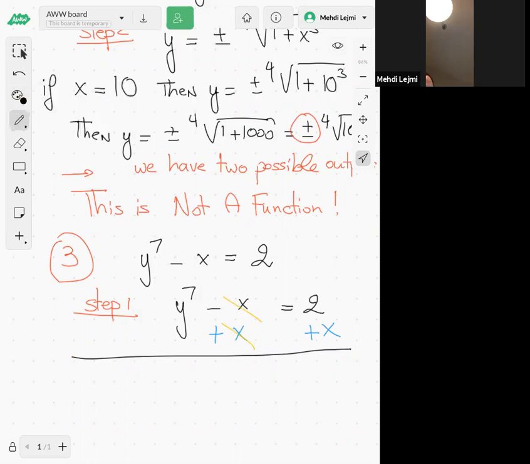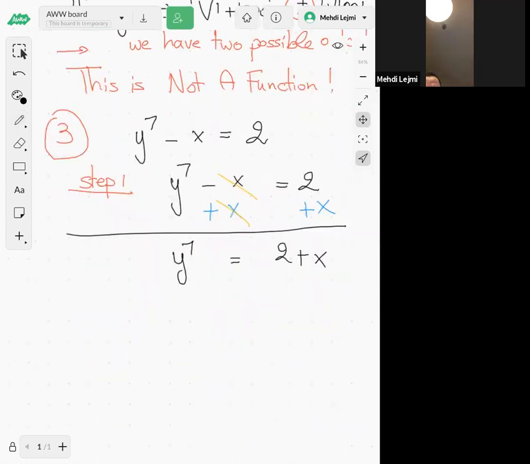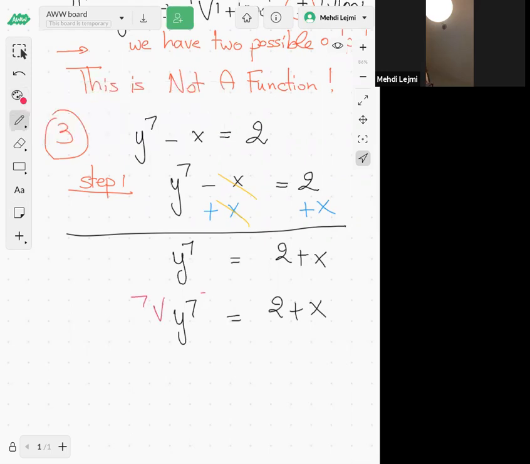So this is y to the power 7, which is 2 plus x. And then we'll get rid of the power 7. We're going to apply the 7th root. So here's my 7th root here.